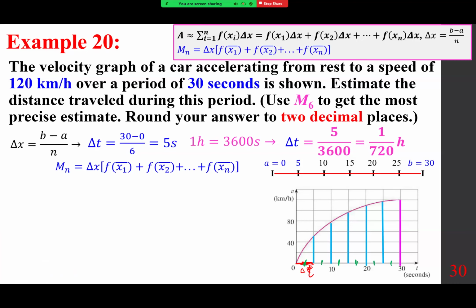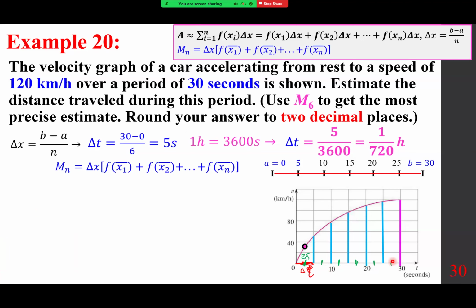Which means the first one is 2.5, right? 5 seconds divided by 2 is 2.5. The next one, just add delta t, which is 5: 7.5. Then add 5, 12.5, 17.5, 22.5. Add 5, 27.5.